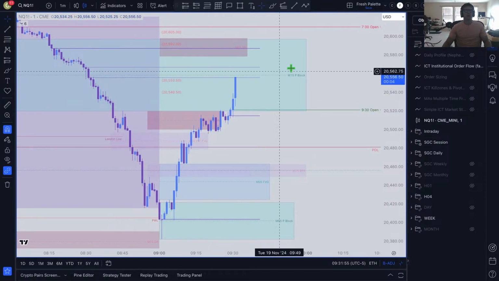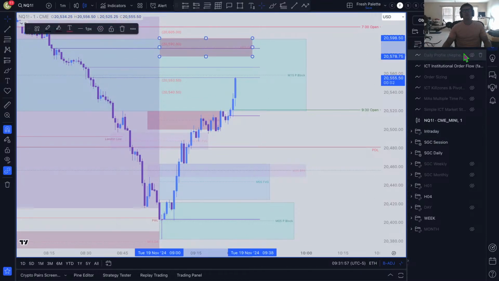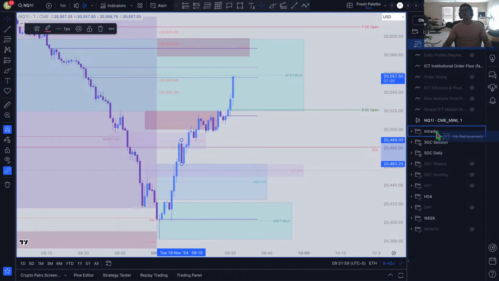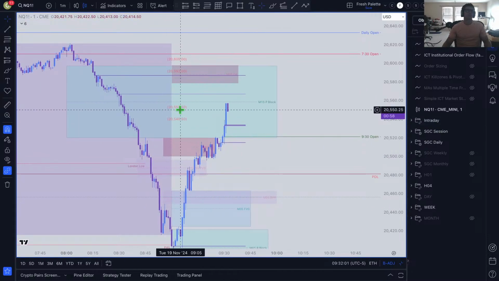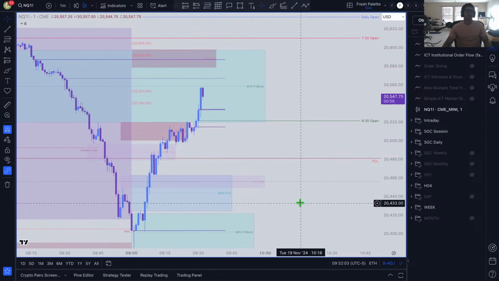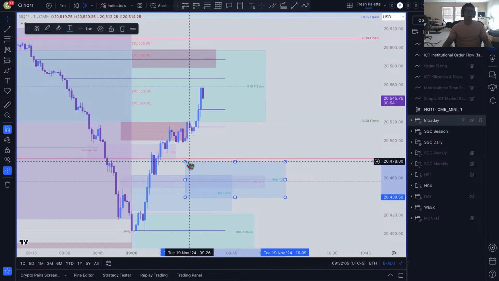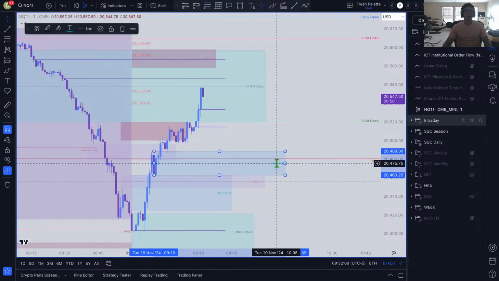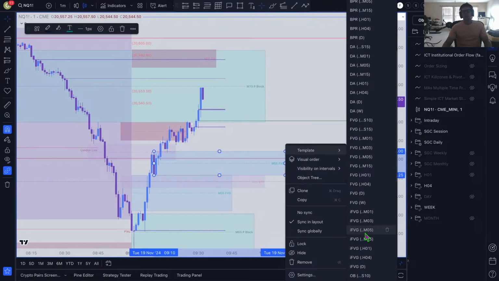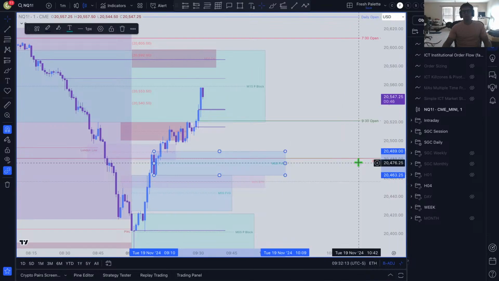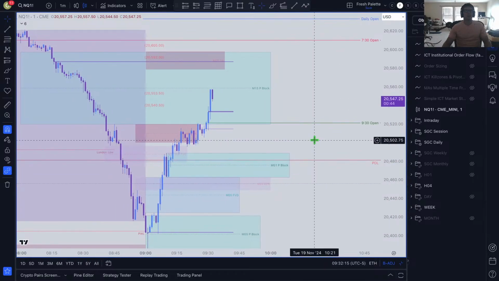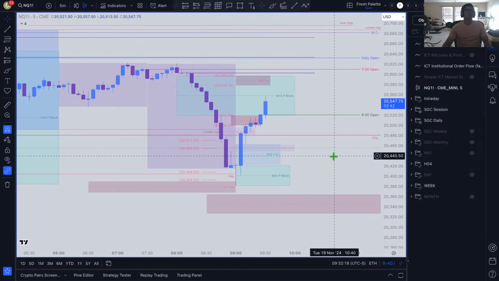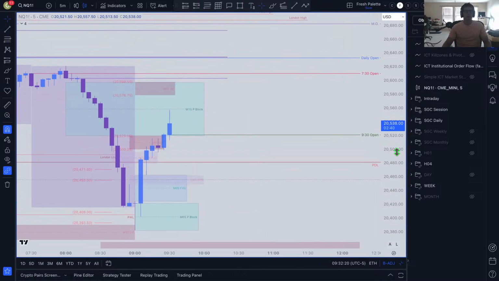So we could get a pullback here, or it's just going to do what I was indicating potentially. So the 1-minute P block that this would be a trade from would be here. Five-minute close through, right?